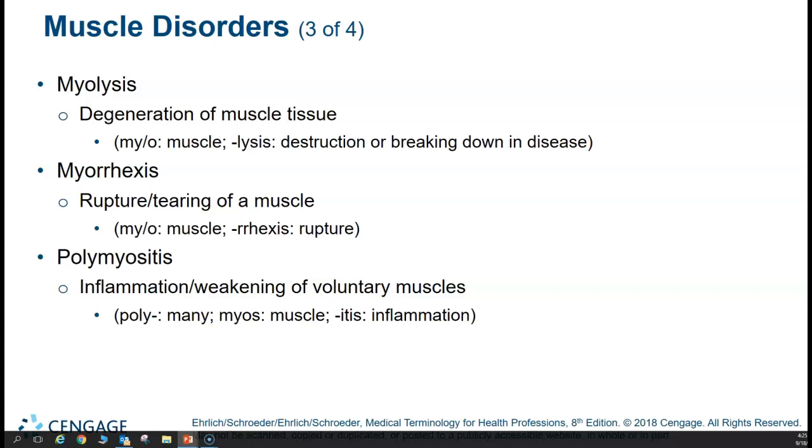ALS, some of those diseases out there that actually cause issues. Myorrhexis is actually a rupturing or tearing of the muscle. And polymyositis is going to be an inflammation of many muscles.